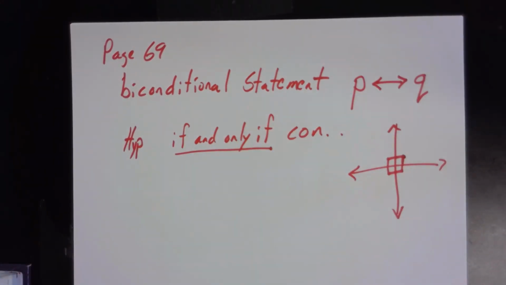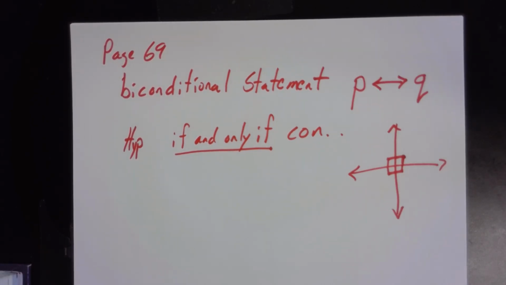So let's just look at this statement. If an angle is a right angle, then its measure is 90 degrees. Is that true? Okay. If the measure of an angle is 90 degrees, then it is a right angle. Is that true? Okay. So that means that the original statement and the converse are both true, which also means what? Blake, what else does that mean? Exactly. It means that the inverse is true, and it means the contrapositive is true, right?